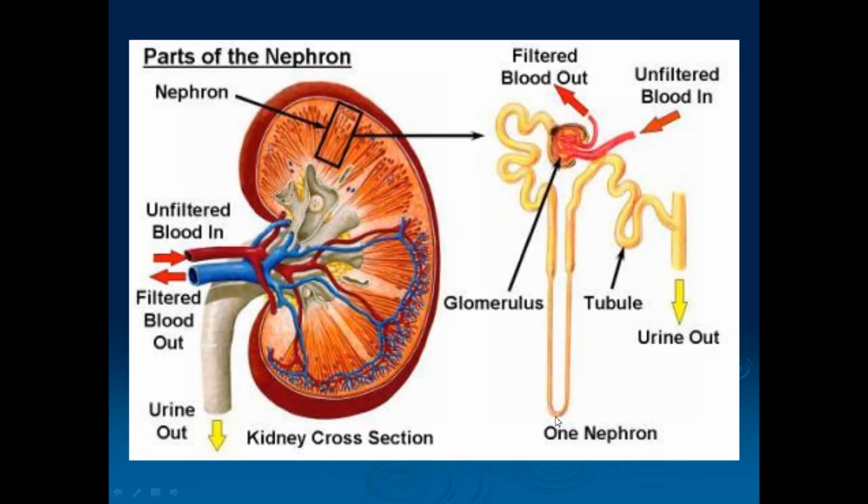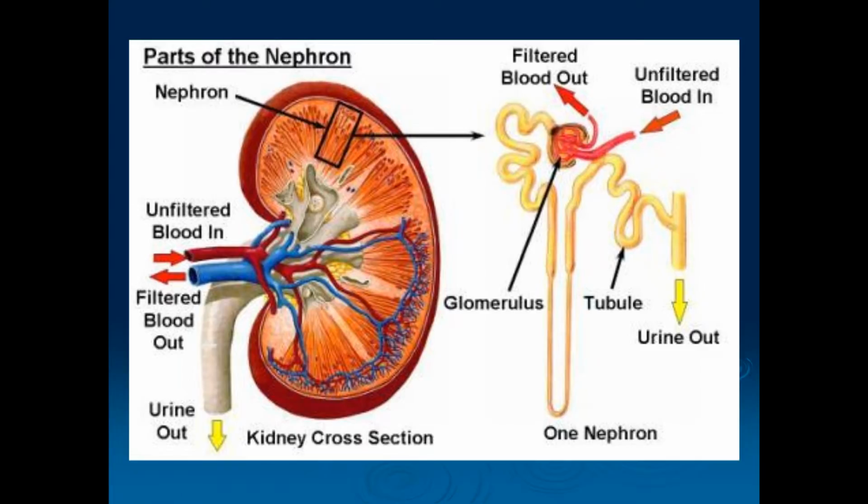We have 1 to 1.25 million nephrons in each kidney, and they contain a glomerulus, which are tufts of capillaries that filter large proteins and blood cells. Water, electrolytes, and solutes are reabsorbed in the tubules, so you see the tubules here. Okay, there's the glomerulus, there's the tubules.